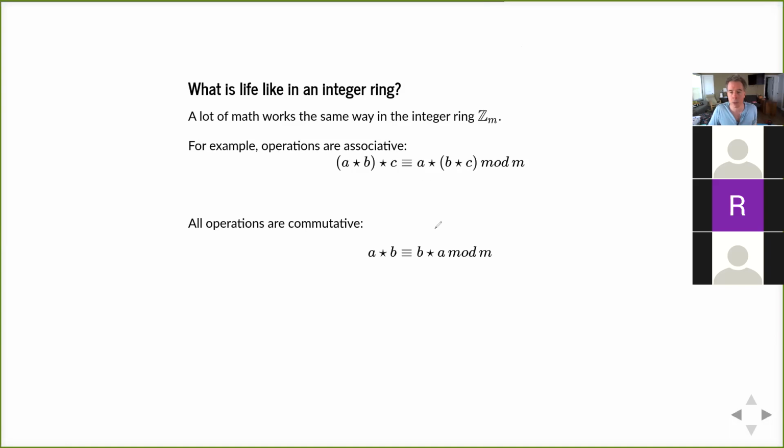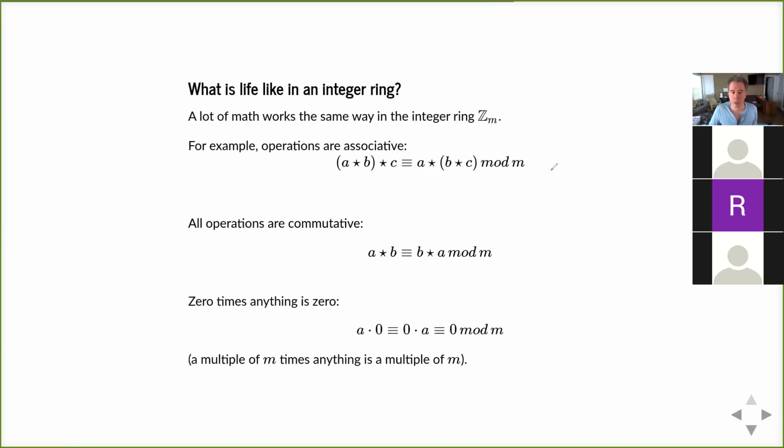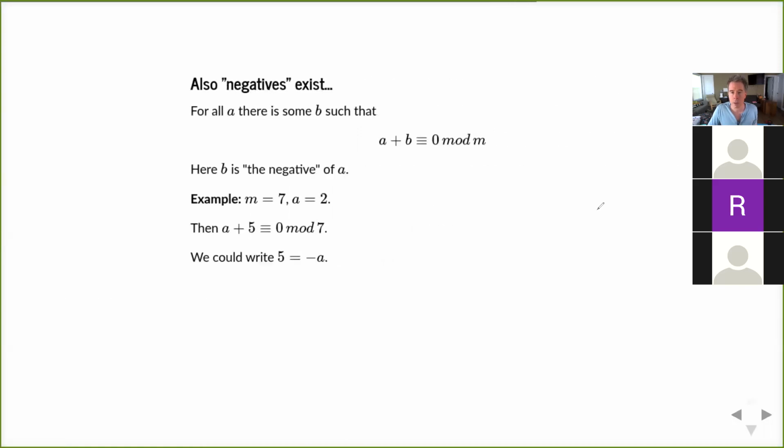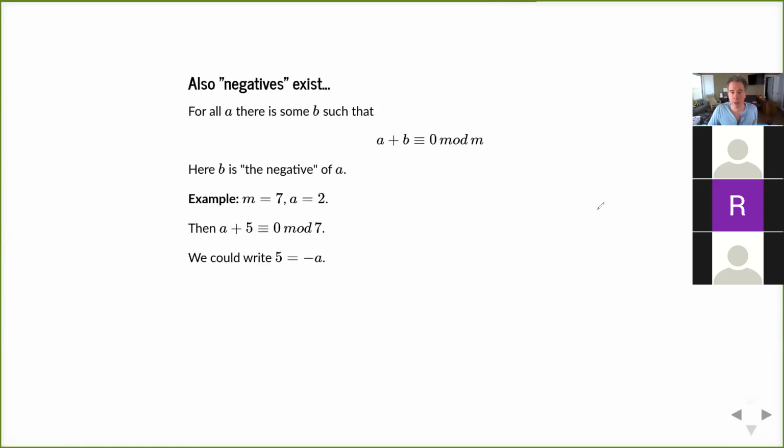That means it doesn't matter which way you do it. 0 times anything is 0. And negatives exist: for any number a, there exists a number b such that a plus b is 0. This b is like negative a, and that's actually what we mean by negative a.